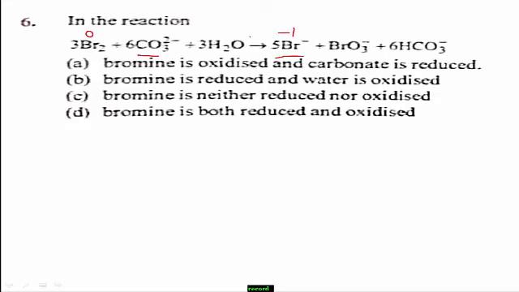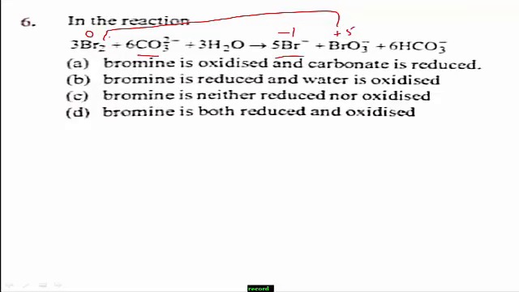Also, the oxidation number of bromine increases from 0 to +5, where it is +5 in the BrO3- ion. Here the oxidation number increases, thus bromine is oxidized.